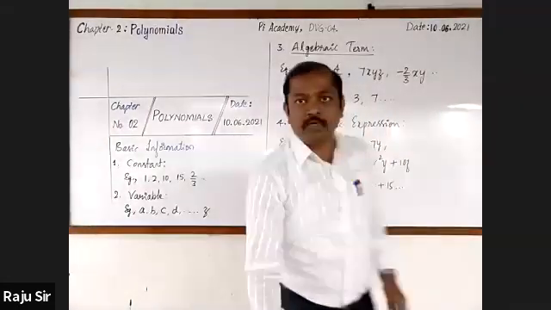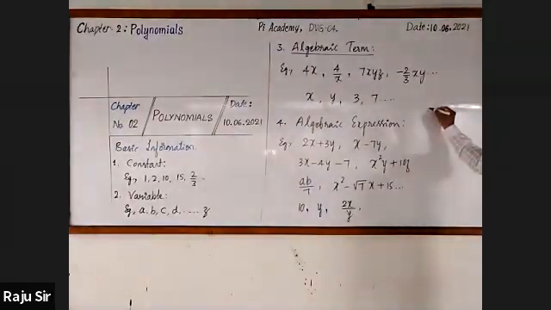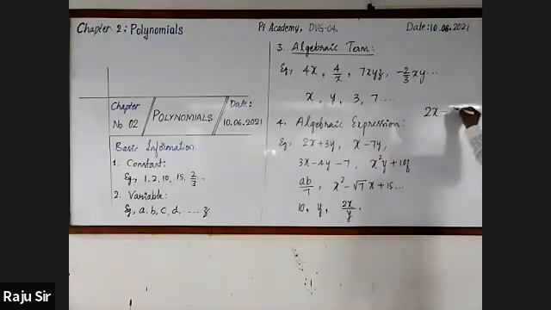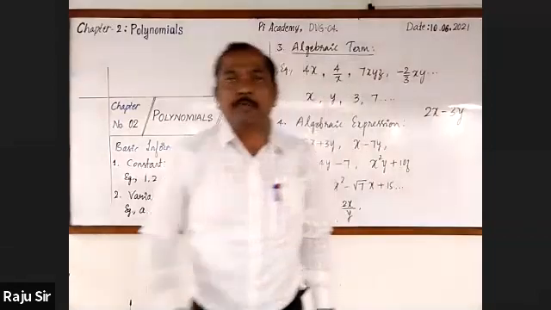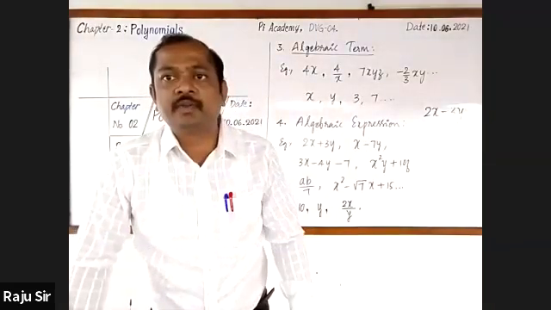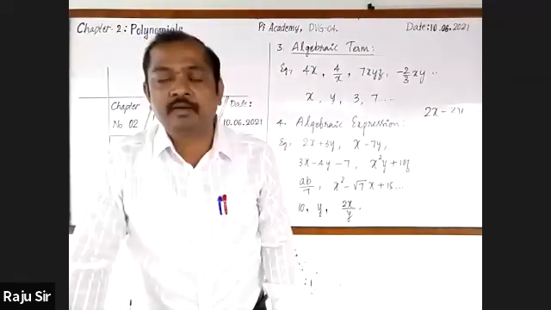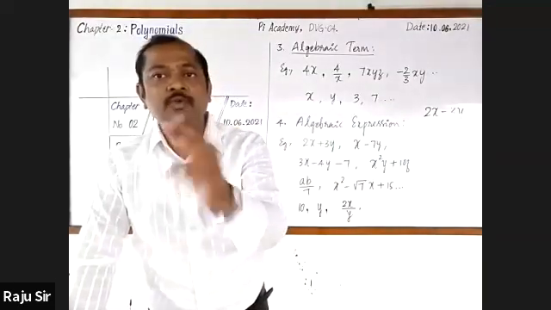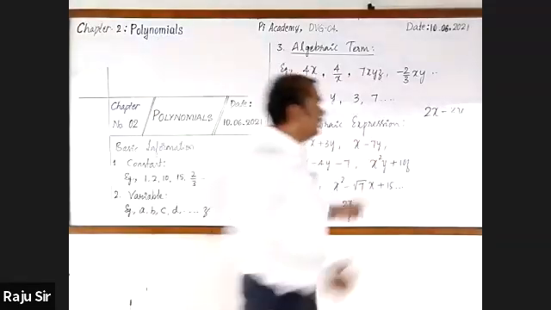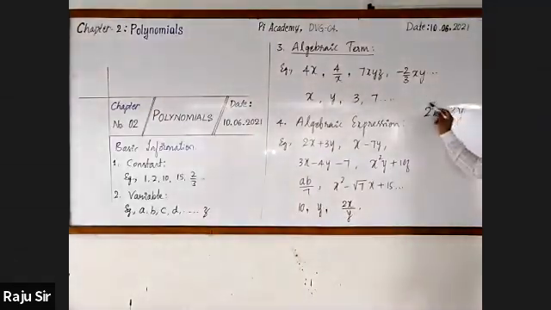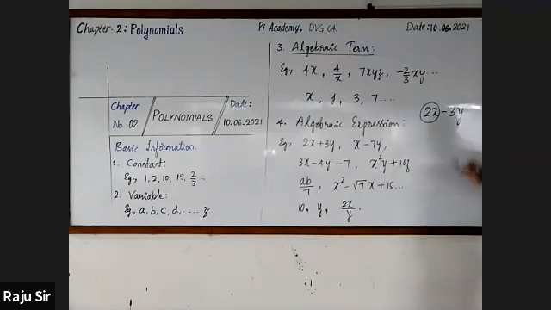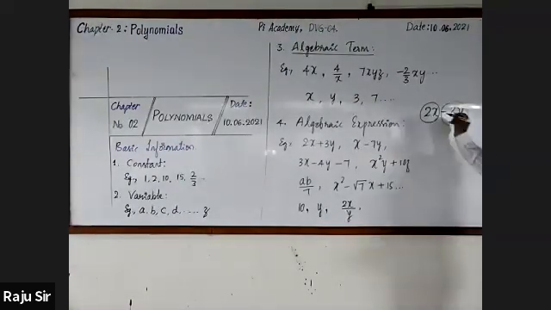If I take just 2x minus 3y, what type of algebraic expression is it? It is binomial because it consists of two terms. Here, the terms are, one is 2x and another one is minus 3y. Let me take the first term.